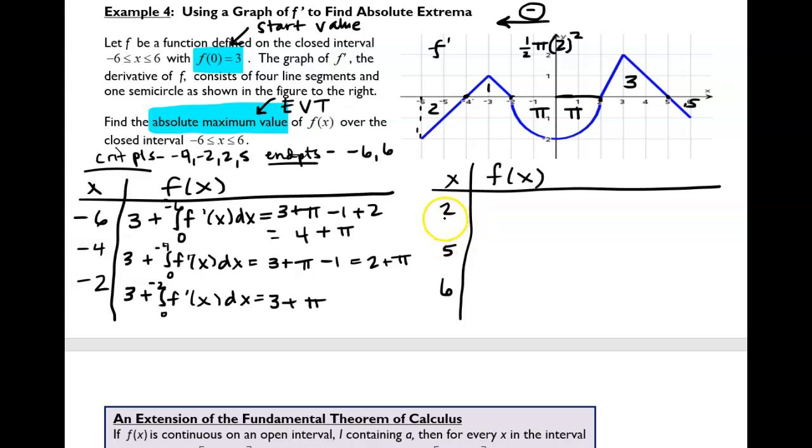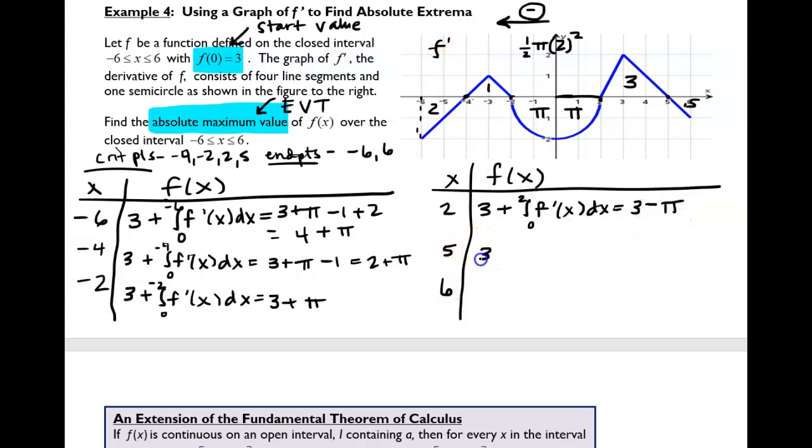Now I'm going to jump over to x equals 2. So I'm going to have 3 plus my integral from 0 to 2 of f prime of x dx. So that's 3 plus, though my area from 0 to 2 is -pi. So I'm going to erase that and put a minus pi. All right.